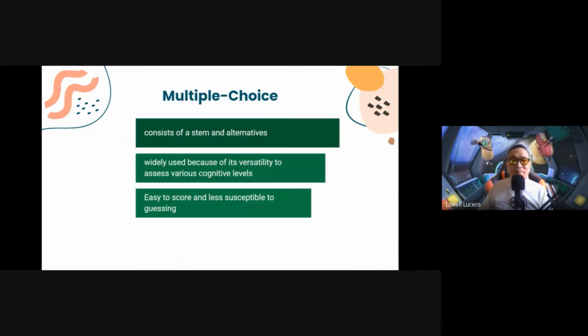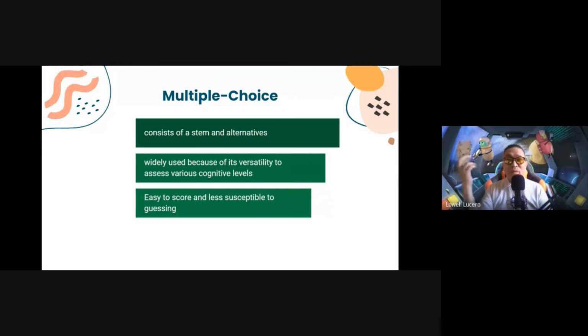Next is multiple choice. Multiple choice is the most popular test, even in your board exam. It consists of a stem and alternatives. Among the alternatives, we have the key answer and distractors. Now, how many options should a multiple choice have?